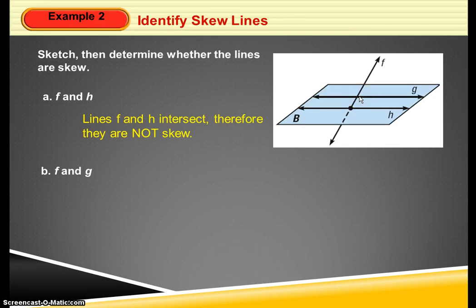However, if you think three-dimensionally, you know that F is going through plane B, and you already know that it's intersecting line H. So if you look at how H and G are situated, there's no way that F can also intersect G. G is sitting on this flat plane. So since F and G aren't actually touching, but look like they should be, because they're on different planes, then F and G are skew lines.